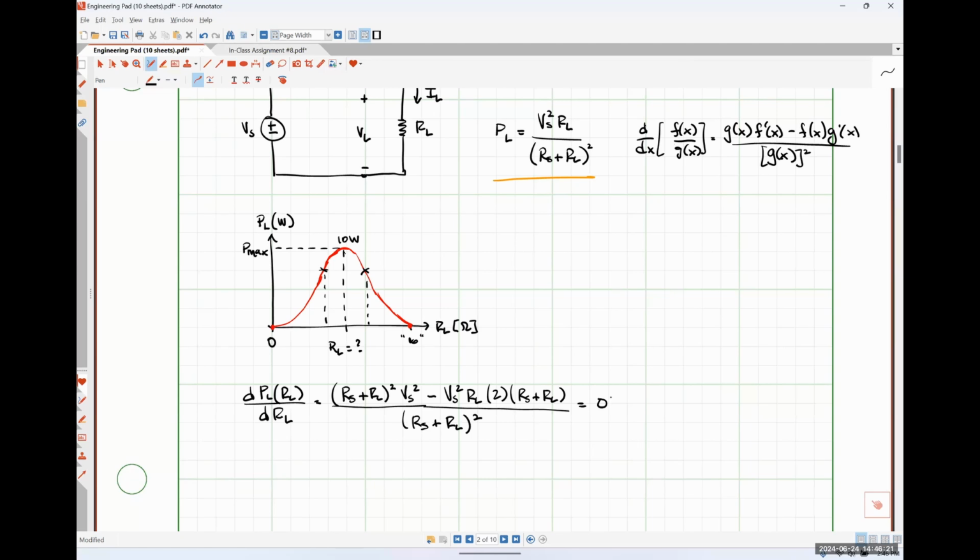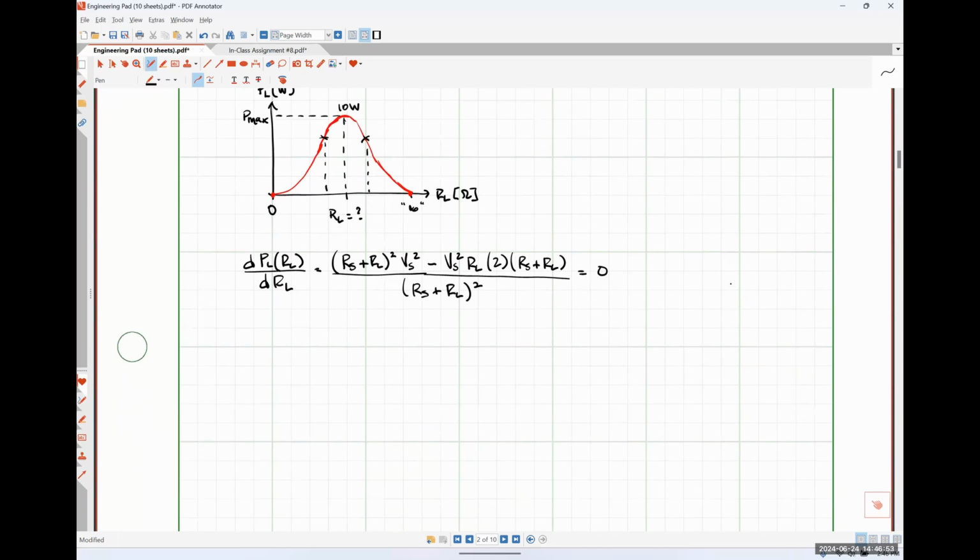And I'm going to set this thing equal to 0 in order to find the value of RL that gives me either a minimum point or a maximum point, and there's not a minimum point for this thing. All right, so in order for this ratio to come out to be 0, I really just need the numerator to be 0 because it's impossible for the denominator to be 0 or anything like that that we need to worry about, right?